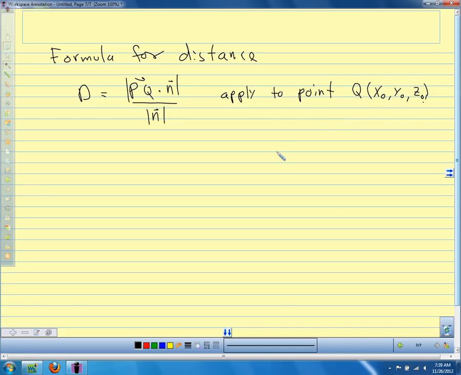Point P is in the plane. P is x, y, z. Why don't I do x1, y1, z1, since we have the subscripts here.